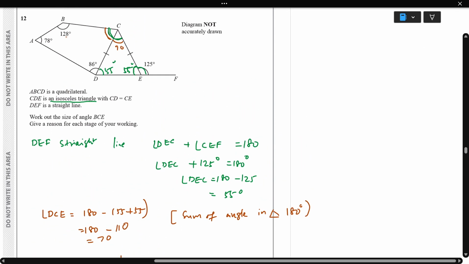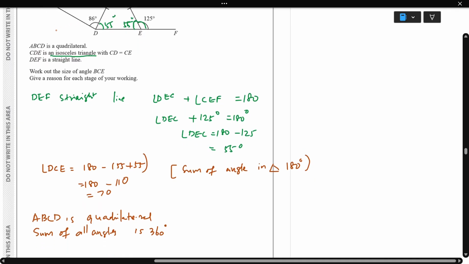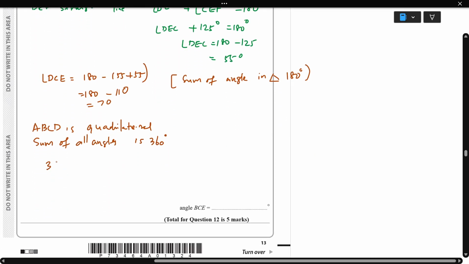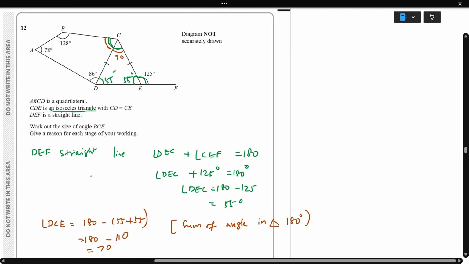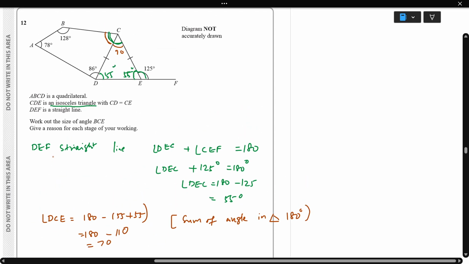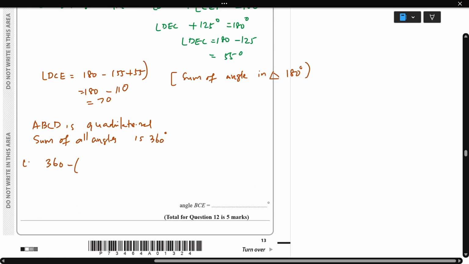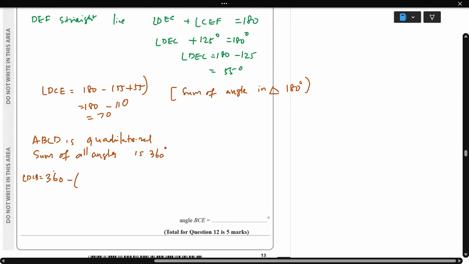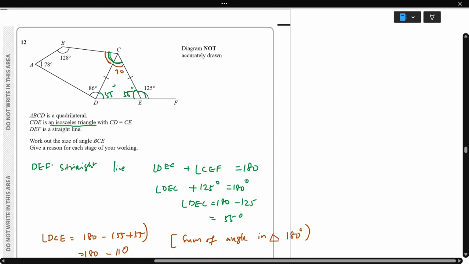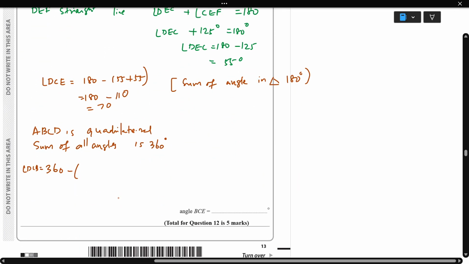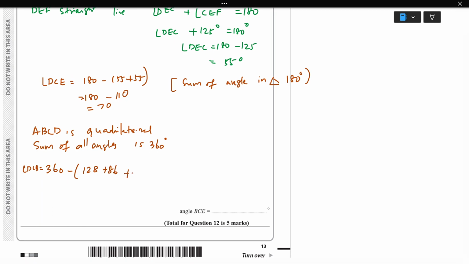So we'll add up 128 plus 78 plus 86 and take that away from 360. What is angle DCB? Angle DCB equals 360 minus 128, 78 and 86. 128 plus 86 plus 78, just take away from everything, so we'll get angle DCB. Okay, so we'll get 68 degrees.